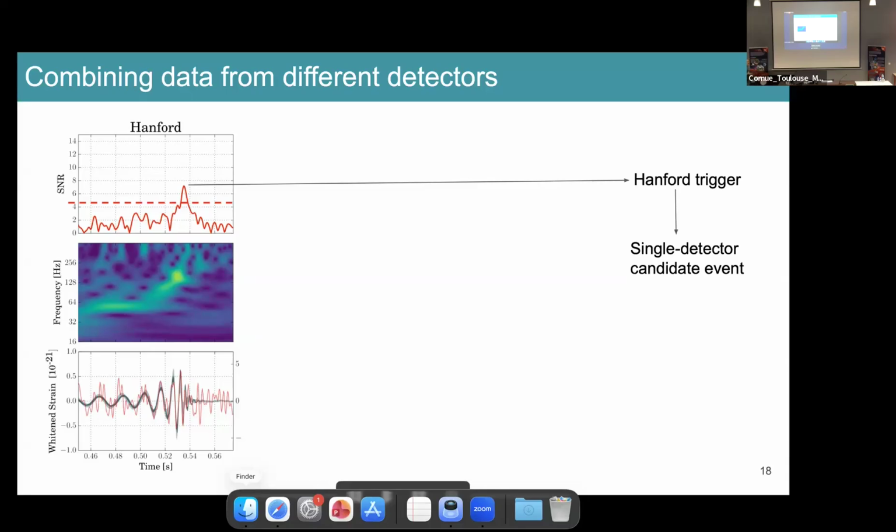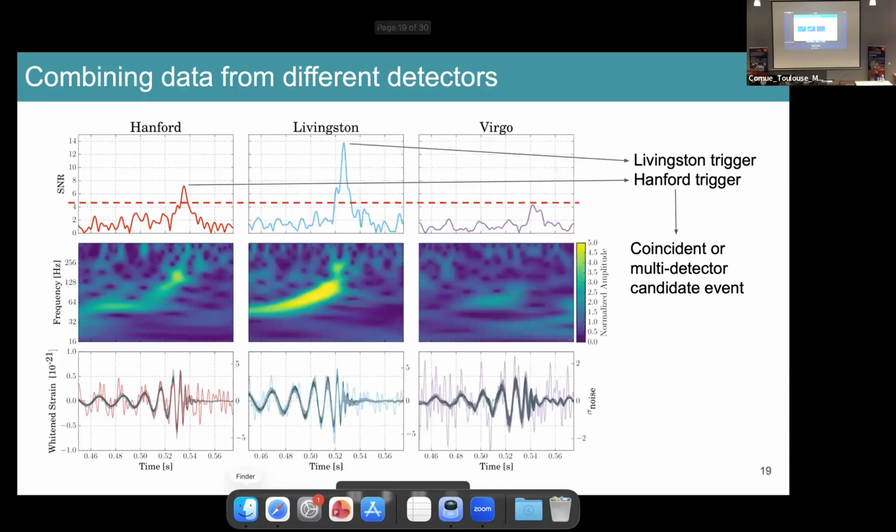If you have data from 2 detectors at the same time or 3, you can do the same process in the other detectors. And in this case, you have a trigger also in the Livingston detector. So you have actually a coincident candidate here, which gives you more information. And in Virgo, in this case, we don't have a trigger with this choice of the threshold.